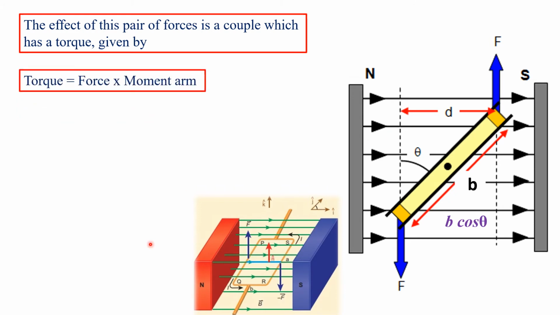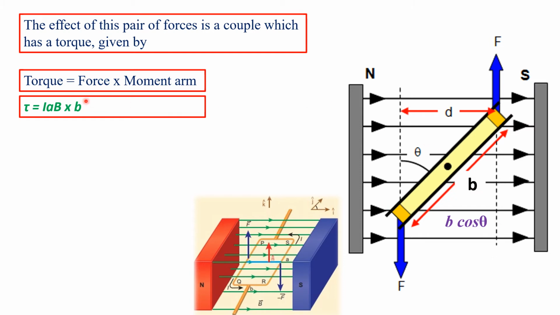So axis of rotation is center of this rectangular coil, this point. If we see the rectangular coil from top side we can see that this distance PS is b, which is width of the coil, and the axis of rotation is this central point represented here.